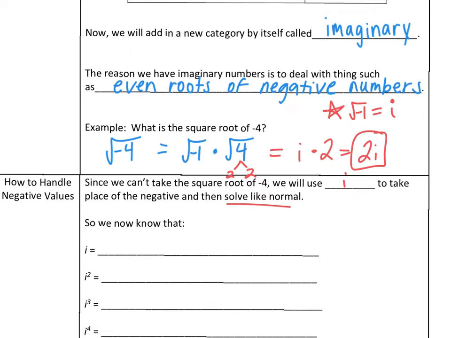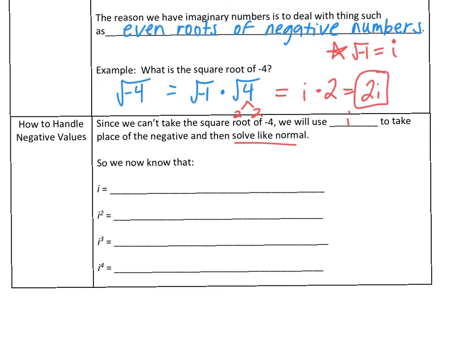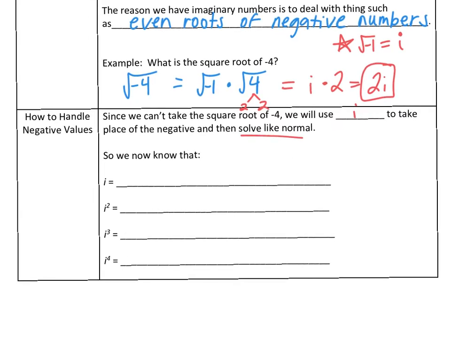So we've talked about what i is. We know that i is just the square root of -1. And I'm just going to put that equals i, because obviously it does. i is the square root of -1. The square root of -1 is i. Then we have i squared. Well, if I know that i is the square root of -1, and I know i squared is just i times i, wouldn't it just be square root of -1 times square root of -1?